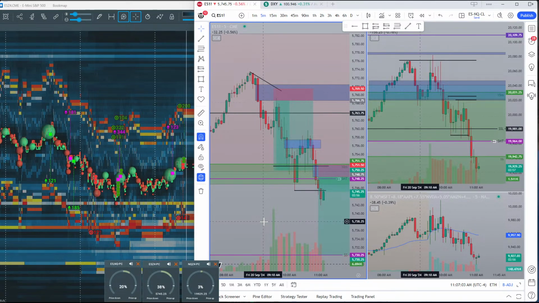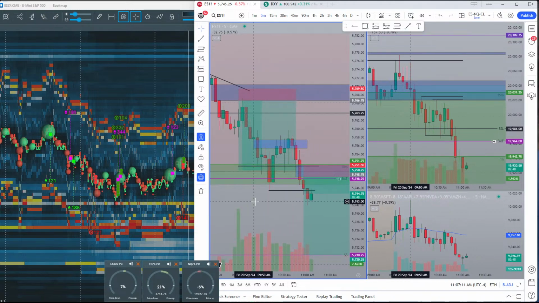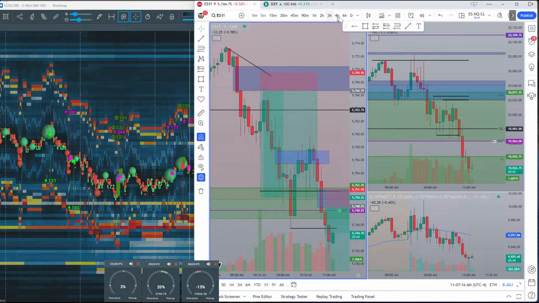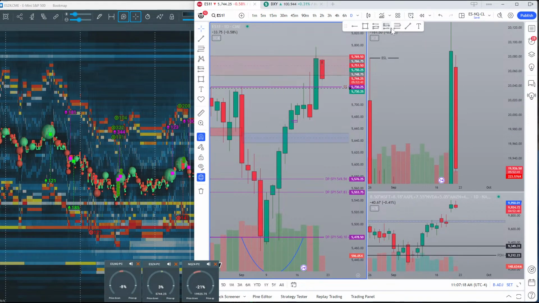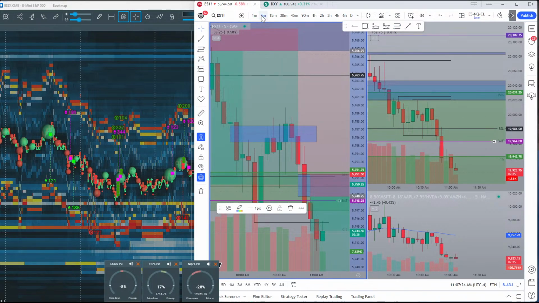Did we get our entry yet? No? Alright. And like the daily time frame ain't even bearish. We're at the 50% of that previous candle.